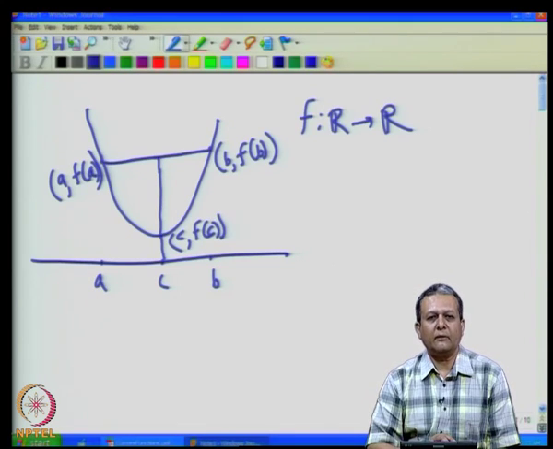The epigraph of a convex function is a convex set, and we proved that if the epigraph of a function is convex, the function is convex, and if the function is convex, then the epigraph of the function is convex.